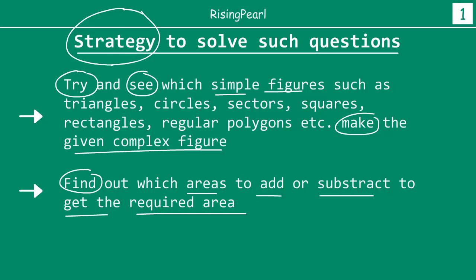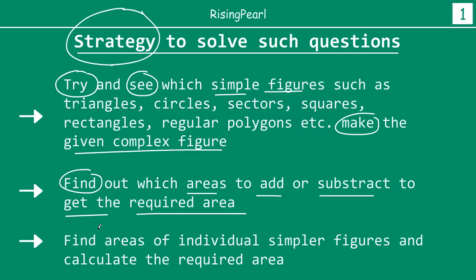Once we have broken down the shape into smaller, simpler shapes, we need to find out which areas we need to add and which we need to subtract. And the third and final step in our strategy is simply to find the areas of those individual simpler figures and then calculate the required area.